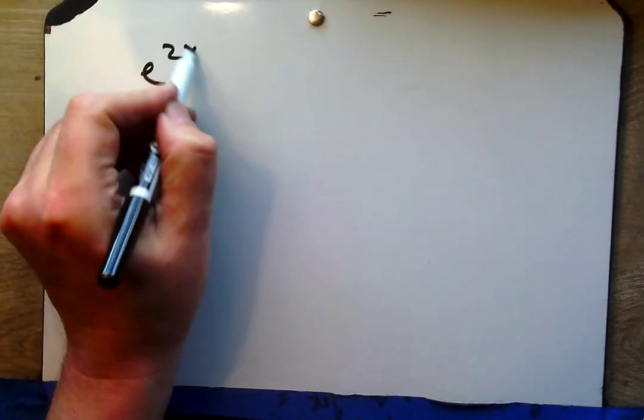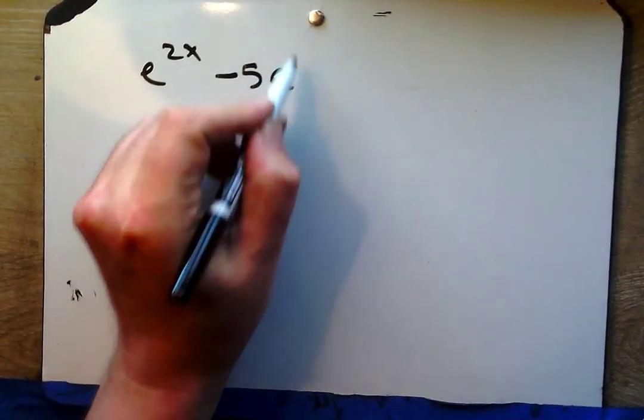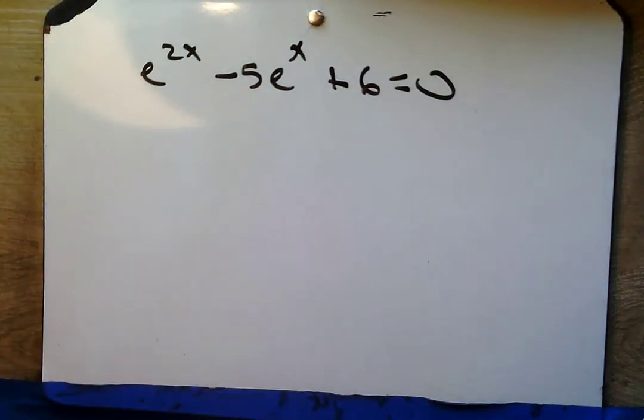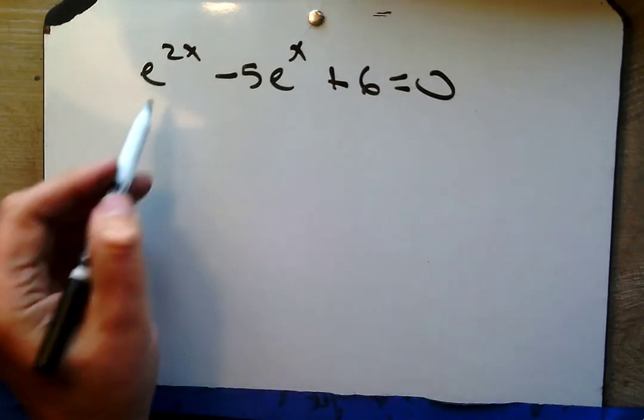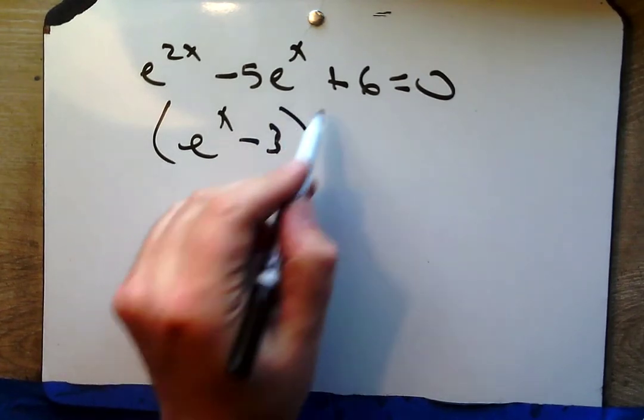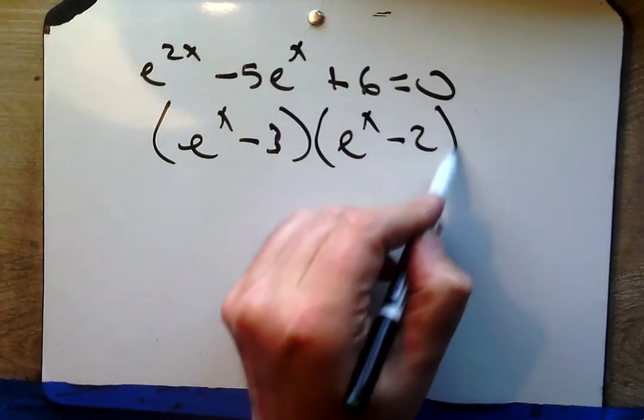Two more types. First, we've seen this before, e to the 2x minus 5 e to the x plus 6 equals 0. Do you remember doing these before? Okay, so (e to the x minus 3)(e to the x minus 2).